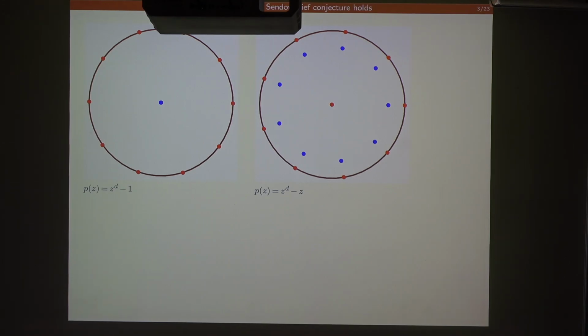And in a certain sense, these two polynomials can be considered extremal polynomials for this problem. But I don't develop this aspect today. It's an important property, but I don't develop it.